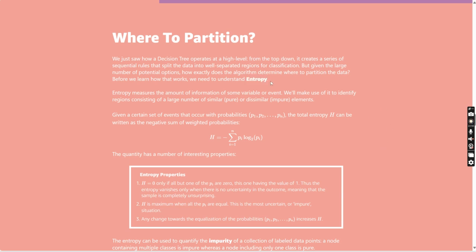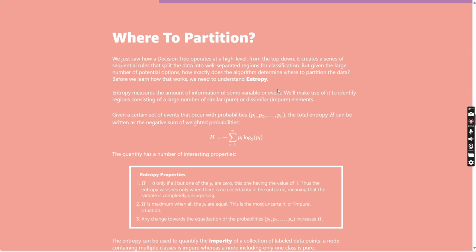Now entropy is nothing but randomness. The physics definition is that entropy is the chaotic movement of particles, atoms or molecules, in a closed system. Applying that to data science, the definition slightly changes.